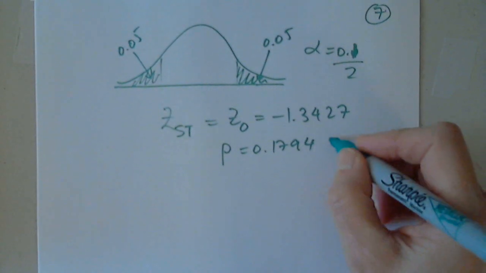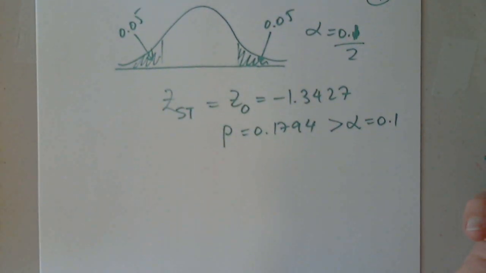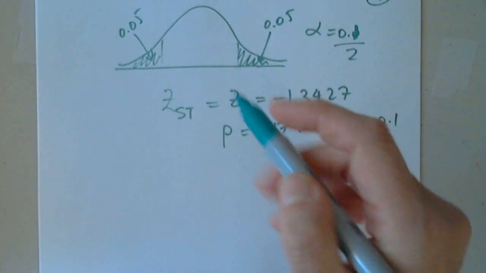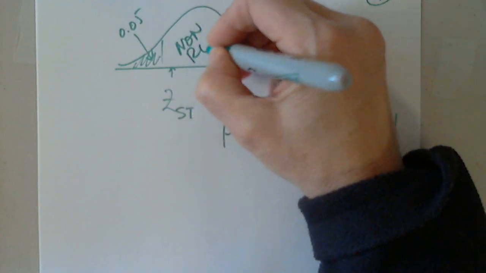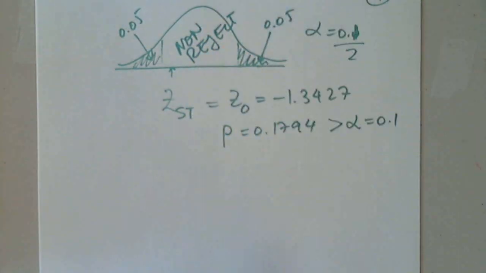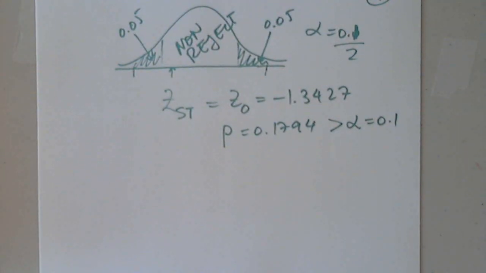So the p-value is greater than alpha, which is 0.1. In other words, the z statistic is here in the non-rejection region. It's not out here or here in the rejection region.